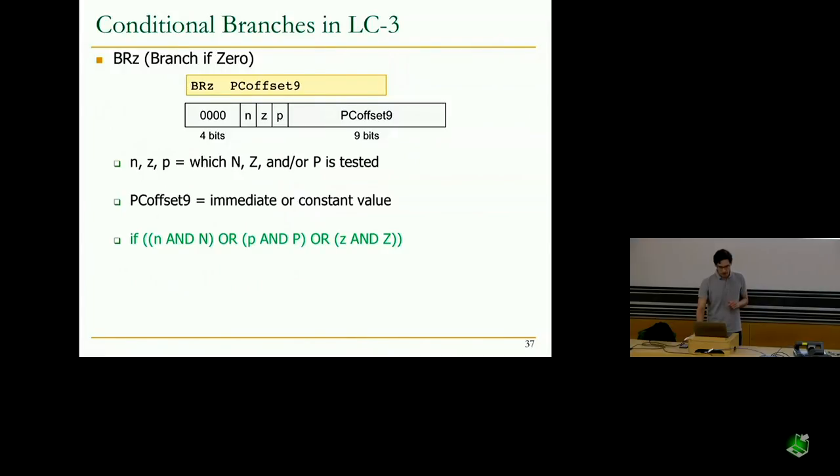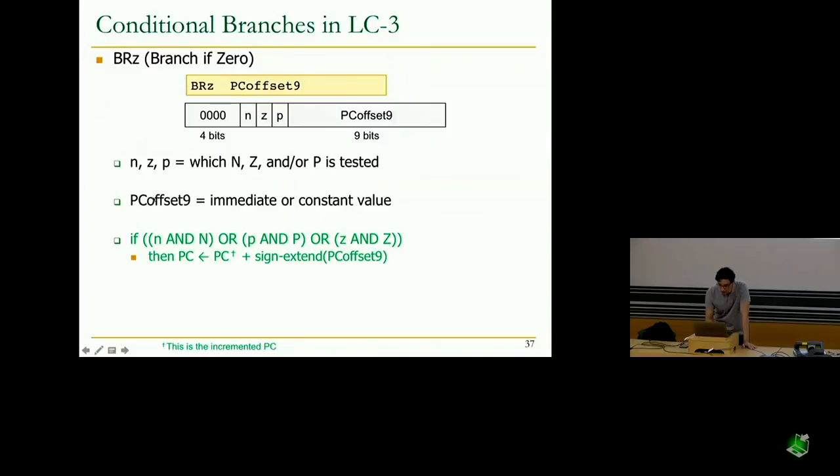As you can see here, these are the semantics of this BR instruction. And actually this BRC that you see here is just one possibility of the several possibilities that we have for this conditional branch in LC3.